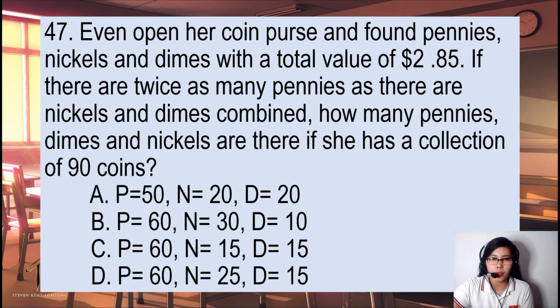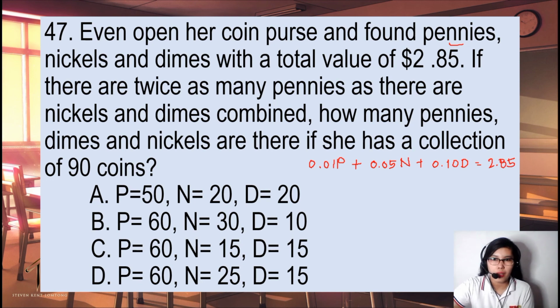First statement. So she has pennies, nickels, and dimes. The pennies is equal to 0.01p plus nickels are 5 centavo, so that is 0.05n, and dime is 10 centavo, so 0.10d equal to 2.85.